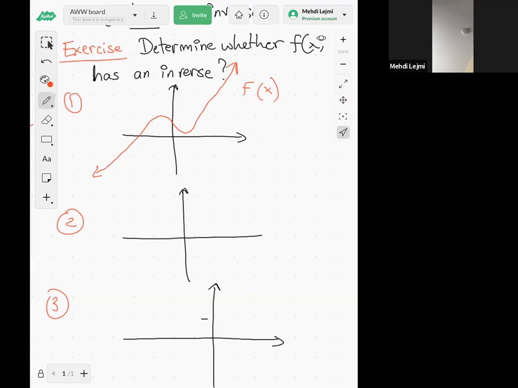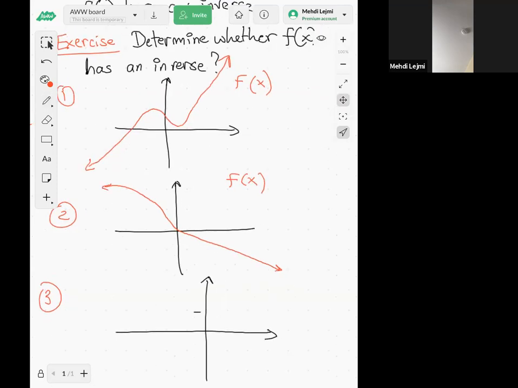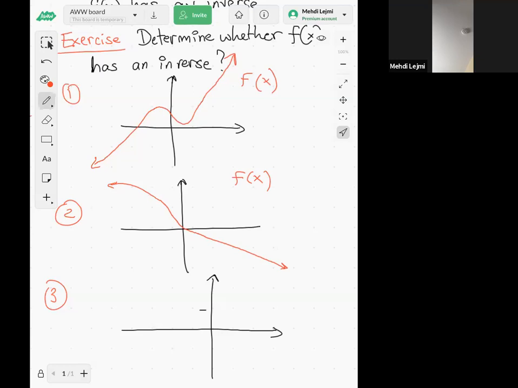Now let's say your function f is going to be this, so this is f of x, and the last function, so this is your f of x.